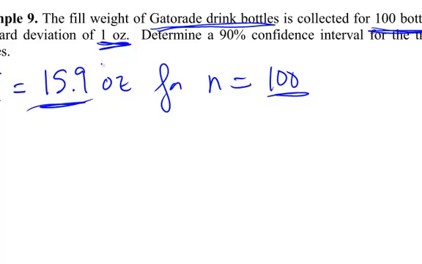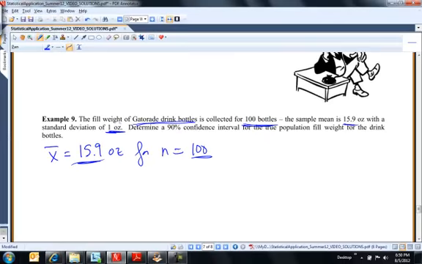It's not clear on this if this is sigma or S, but we don't have any other data, so we have to use this as our sigma anyway. So sigma equals 1. Determine a 90% confidence interval for the true population fill weight. Let's change that because we've done so many 90s.